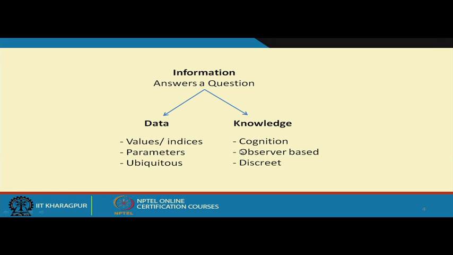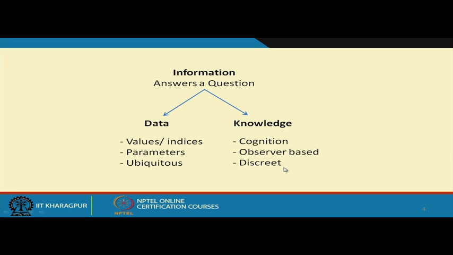And these factors are, if we go back to the slide, the cognitive factors, the observer's association based on that, and the discreteness of the observer. So basically these three are very essential criteria for knowledge and the dependency of knowledge.